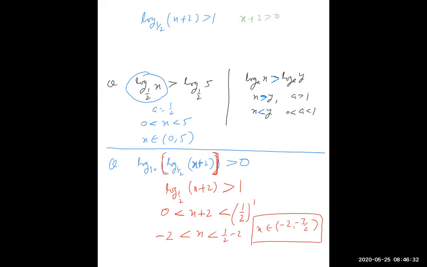Then only this log will be defined. Now base is half. So what will happen? This inequality will change. So many times I've told, when base is less than 1, the inequality changes. So this will be less than half. So this implies x is less than minus 3 by 2. And from here, x is greater than minus 2. So what is the final answer? X is greater than minus 2 and less than minus 3 by 2.